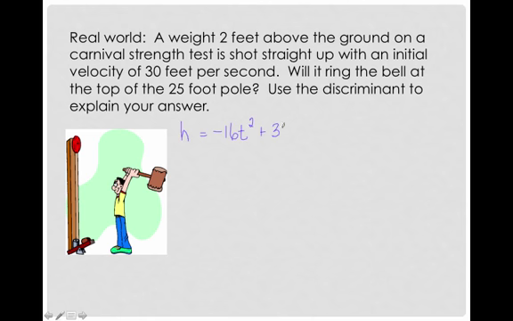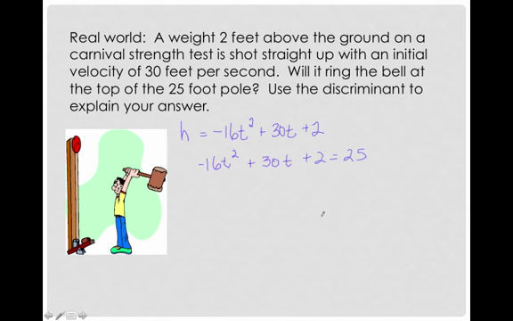And I'm starting from a height of 2 feet, so plus 2. And I want to know if it'll hit the bell of a 25-foot pole, so I'm going to set that equal to 25.